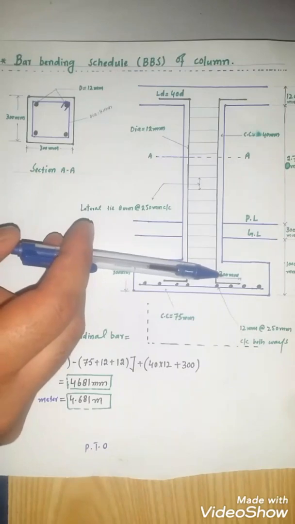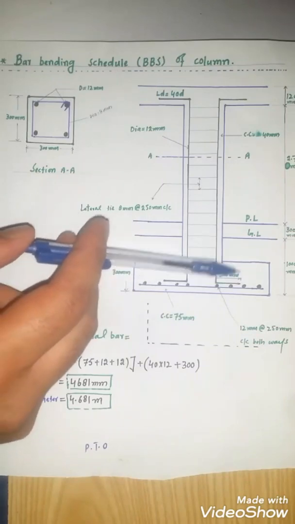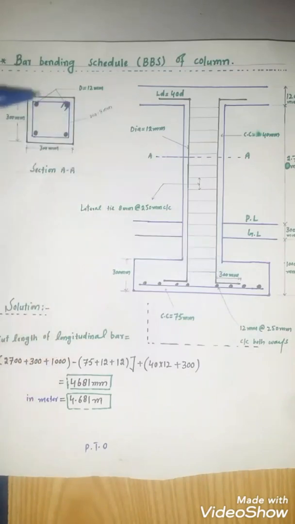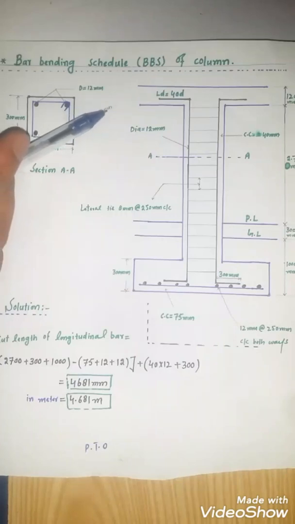This is normally given in the structure drawing, but in this lecture I am assuming this value. This is the cross section of this column. The size is 300 by 300 millimeter. The diameter of the main bar is 12 millimeter and the diameter of the tie is 8 millimeter.